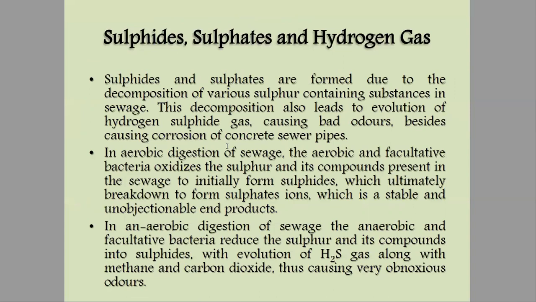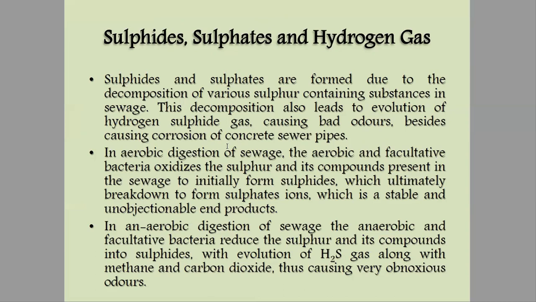Sulfides and sulfates are formed due to the decomposition of various sulfur-containing substances in sewage. Means if there is a substance that contains sulfur, then after decomposition sulfides and sulfates will be formed, and this decomposition also leads to the evolution of H2S.